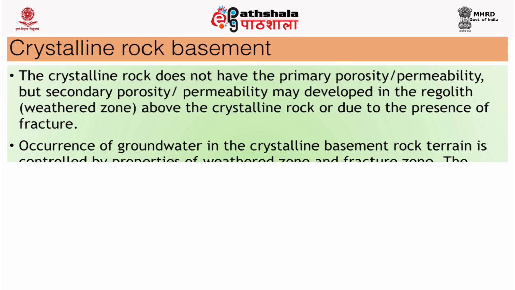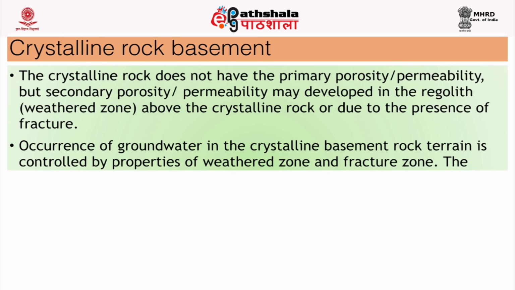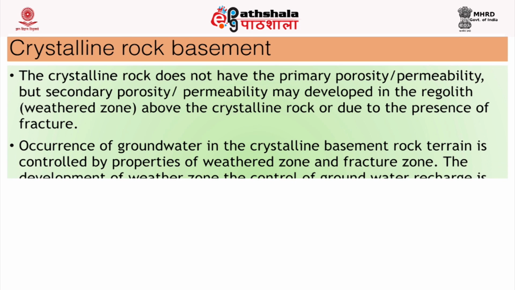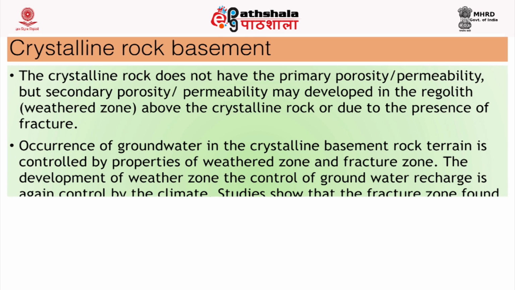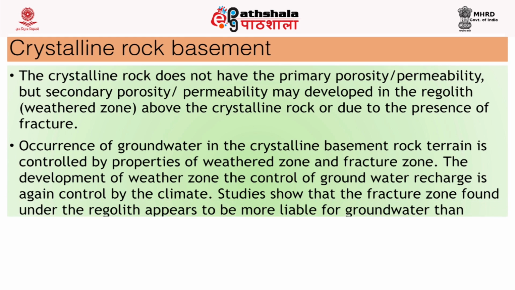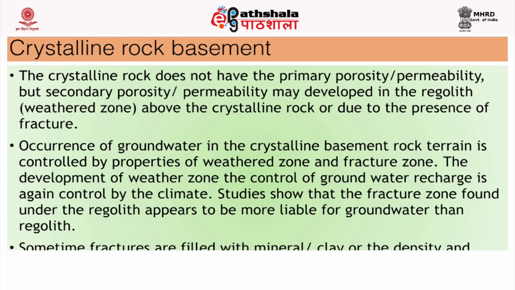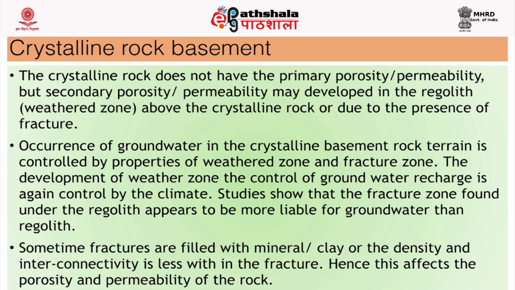The development of the weathered zone and the control of groundwater recharge are again controlled by the climate. Studies show that the fracture zone found under the regolith appears to be more favourable for groundwater than the regolith. Sometimes fractures are filled with mineral, clay or density and the interconnectivity is less within the fracture. Hence, this affects the porosity and permeability of the rock.